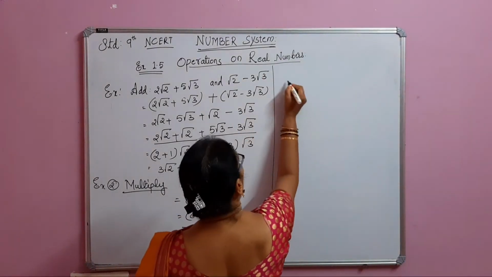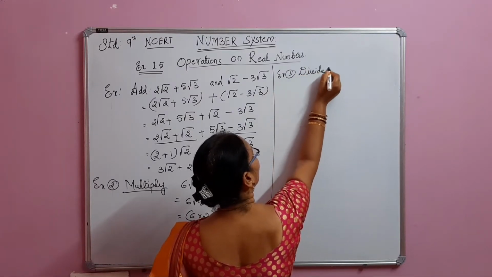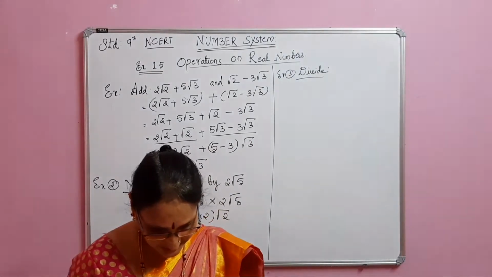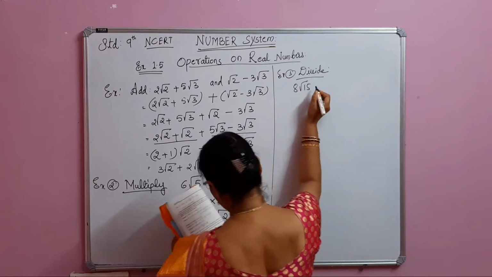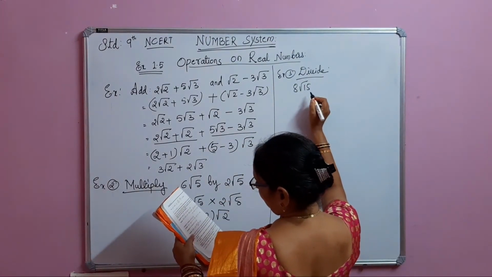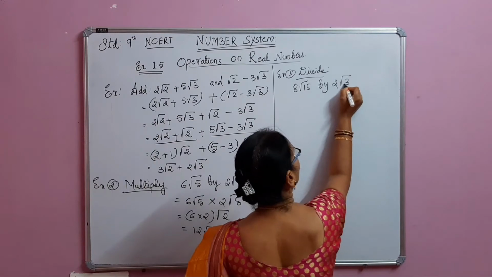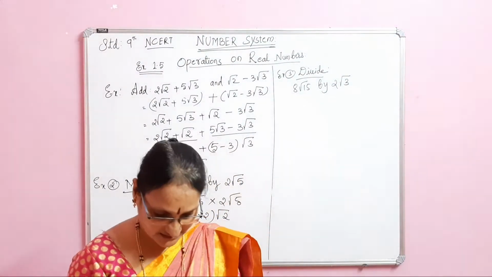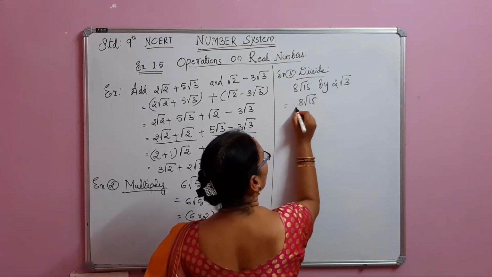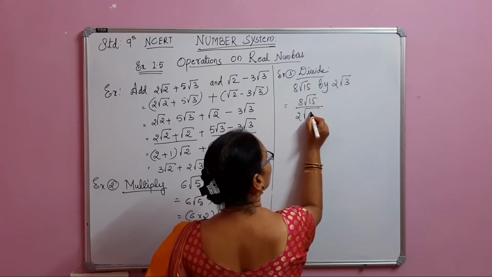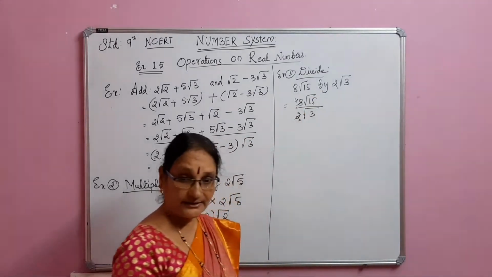The third example, example 3: divide 8 root 15 by 2 root 3. Now we will just divide and see. 8 root 15 divided by 2 root 3. 2 ones are 2, 2 fours are 8. You can cancel here, but under the root you cannot cancel.